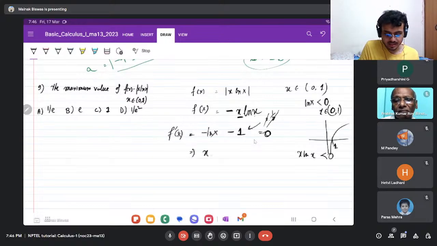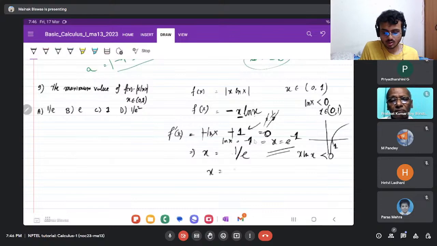So I get x is equal to 1 by e, right? Yes. x is 1 by e, correct? Because I get log x is equal to minus 1, or x is equal to e to the power minus 1.